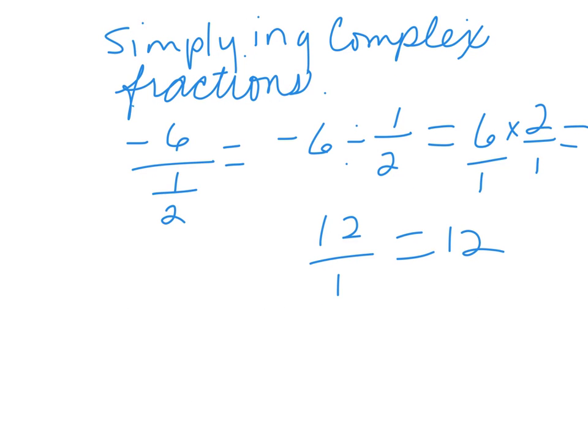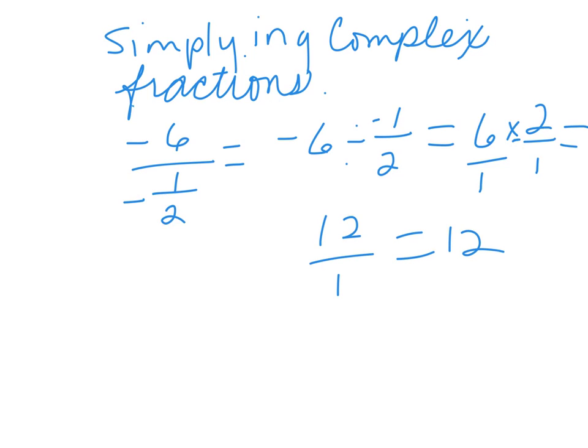Okay, I quickly want to go over something I mentioned earlier that jumped ahead from page 116, where it's asking you to simplify complex fractions. This is the fraction negative 6 over negative 1/2. Hang on, I forgot my little negative signs.